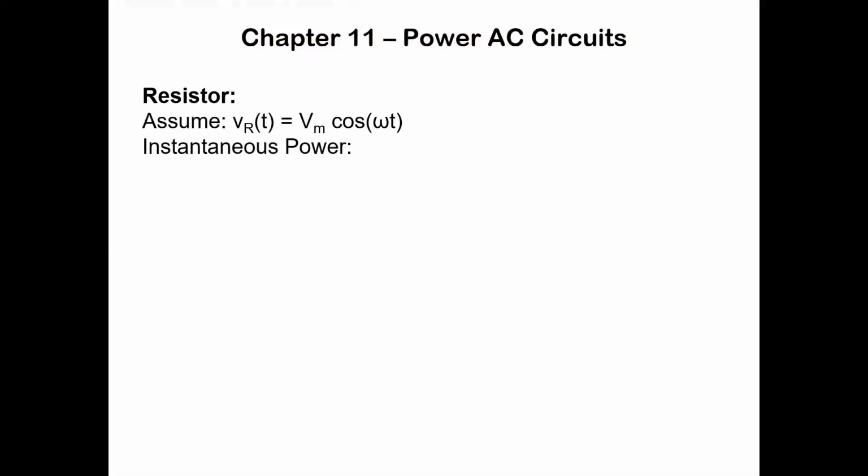If the voltage across a resistor is a sine wave, so right here's a resistor, and here is your VR of t, well, there's going to be an IR of t, that equals VR over R, and the power is going to equal IR times VR.